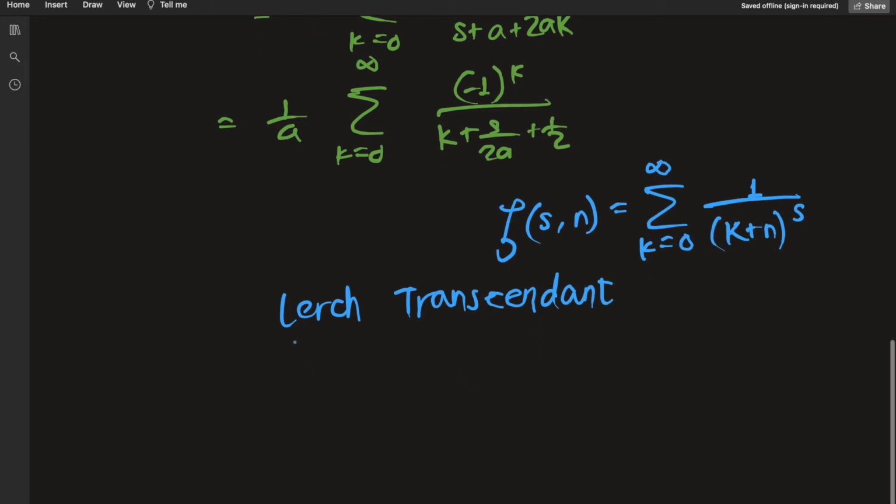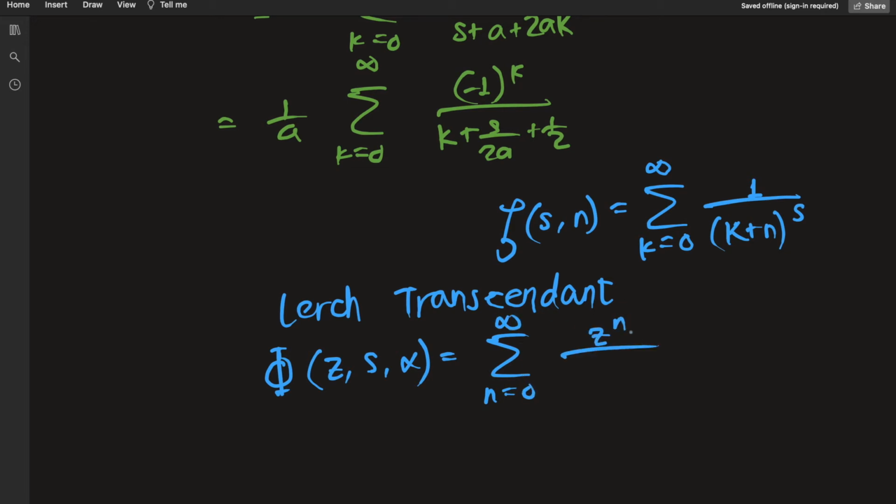And generalizing in what way actually? Generalizing in this way. See, assuming we have defined phi of z, s, alpha as the sum from n equals 0 to infinity of z to the n divided by (n plus alpha) to the s.